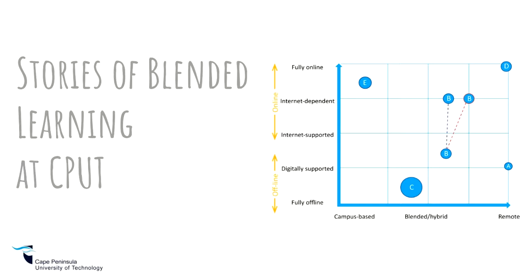And you can see how people are moving from fully offline and campus-based, which might have been the model 10, 15 years ago, towards a more blended hybrid model of delivery that uses more and more technology. So what I'm going to show you today is different models at CPUT that are somewhere on this map between campus-based and remote and fully offline and fully online. Does that make sense?